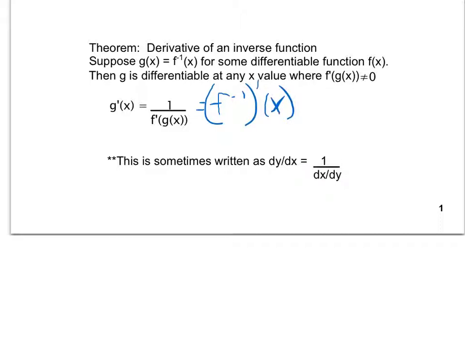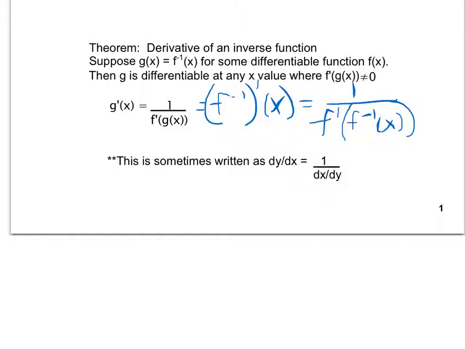So the derivative of my inverse of x is equal to 1 over f prime, my original function, of f inverse of x.